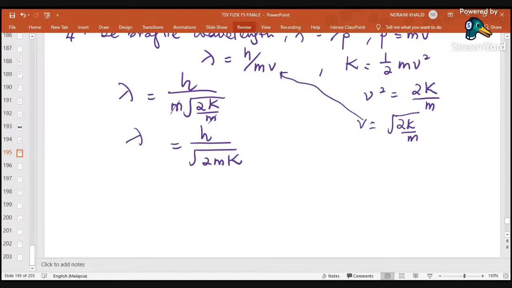That's why the particle wave duality is just valid for a very small mass, like electrons. That also led to the invention of the electron microscope, a very high power microscope.